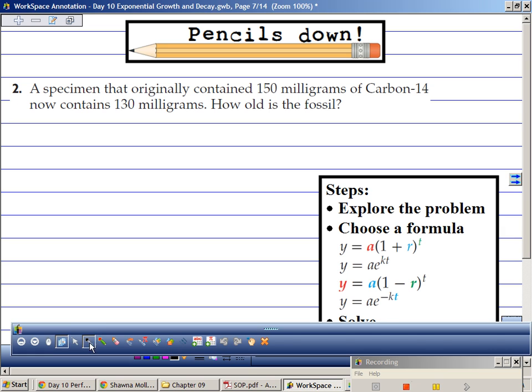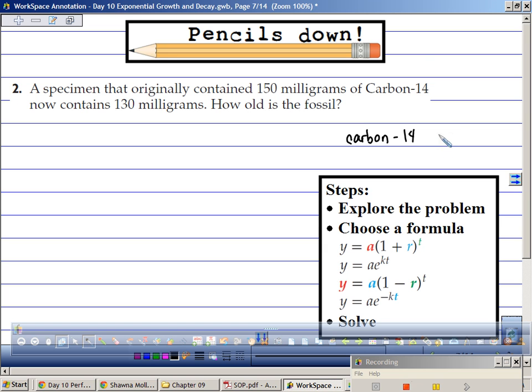Okay, so in a previous example, it said that carbon-14 decays at a rate of 0.00012. So whenever you have a problem that's got carbon-14, your k is 0.00012. Okay, so let's pull out and explore the problem.